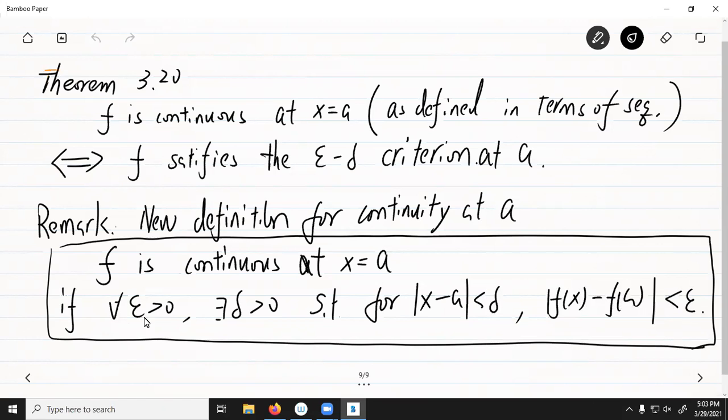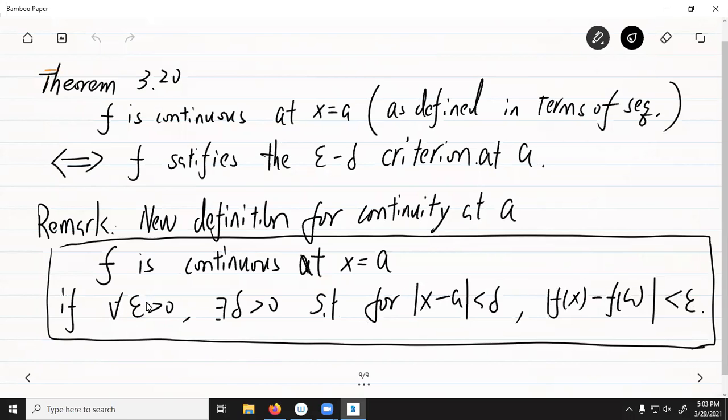No matter how small an epsilon you have, you always have this delta. So when x is close to a, less than delta, the distance between x and a, the absolute value means the distance, right, is less than delta, then the distance between the function values f of x and f of a is less than this arbitrarily small epsilon.